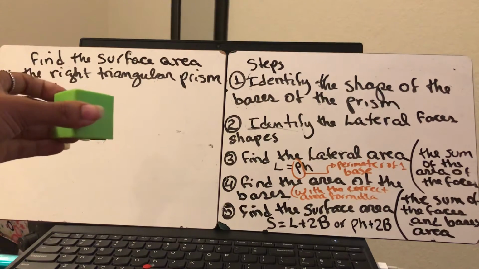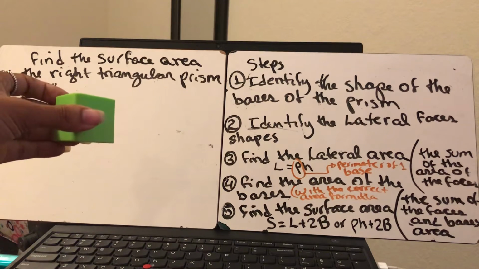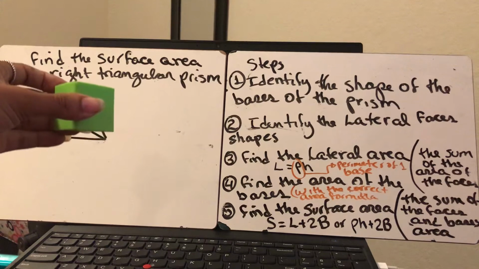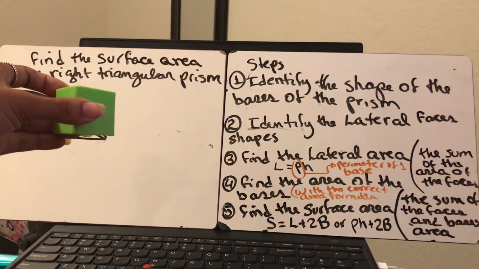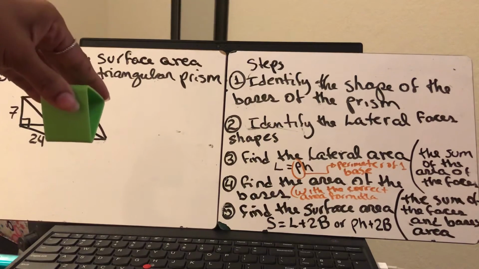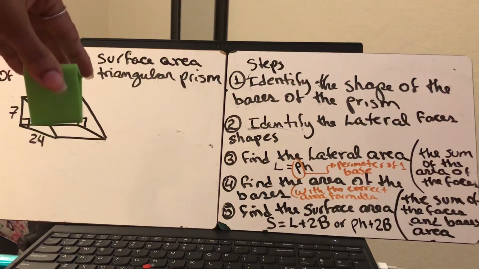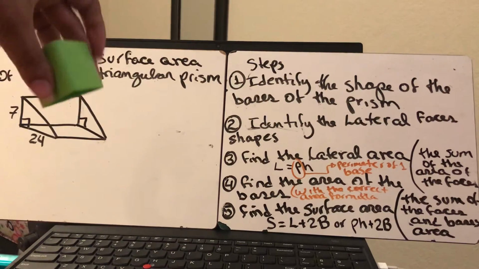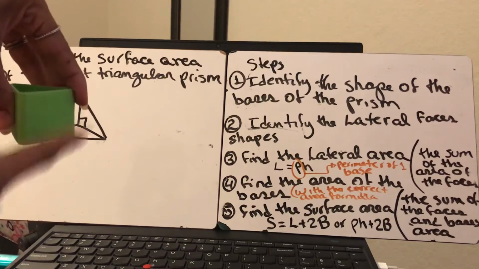Another key point I want to make before we move on and start the problem is that it doesn't matter how I stand or place the prism. The bases will always be two congruent bases, and you can identify them even if it's standing a certain way. Even if I put the shape this way, these two are still my bases.